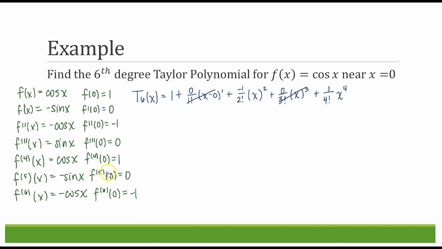And then, you may have guessed, the fifth derivative at 0 is 0, so that term is going to be gone as well. 0 over 5 factorial x to the fifth, so that term is gone. And then here the sixth derivative at 0 was negative 1, so we have negative 1 over 6 factorial, x minus 0 to the sixth.